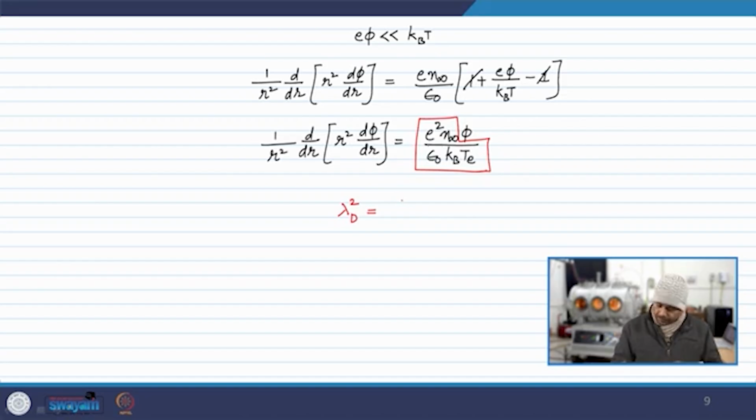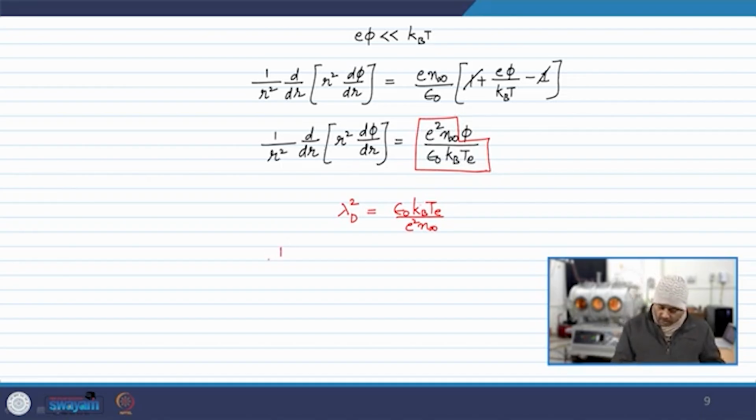λ_D² is ε₀ k_B T_e divided by e² n∞. So, what is λ_D? λ_D is in units of length, since ε₀ k_B T_e / (e² n∞) has units of length squared.